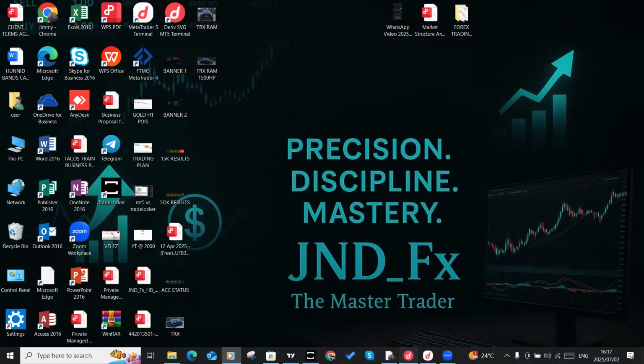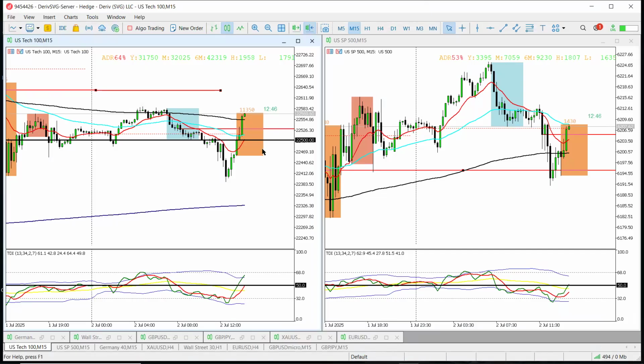So I'm just going to do a quick recap of the trade so that you guys can see what I'll be looking for. On my charts, you see I've got two assets. On the left is Nasdaq, on the right is S&P 500. The main reason I've got this chart side by side is because these days I'm getting into SMT divergence, which is something I'll explain maybe on other sessions.